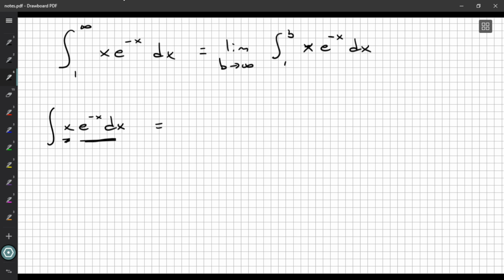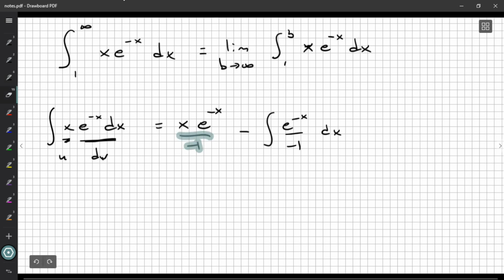Okay? So I'll let my dv be e to the minus x dx, and I'll let my u be x. So we'll get u times e to the minus x over negative 1, minus the integral where our du is just dx and our v is e to the minus x over minus 1. Let's simplify these minus 1s here. Put a minus here, put a plus here.